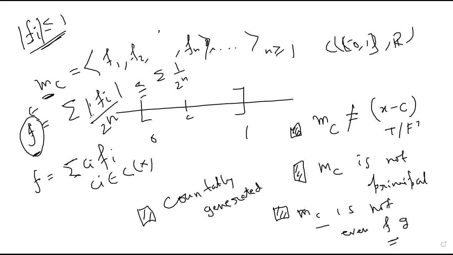But that follows from the Weierstrass M test if all of your fi are bounded by 1. So this f is continuous, and it also belongs to the maximal ideal M_c. Then you can again apply a standard epsilon argument near c to show that it cannot be written as a combination of the fi's. So these ideals M_c are really huge ideals. It's uncountably generated.